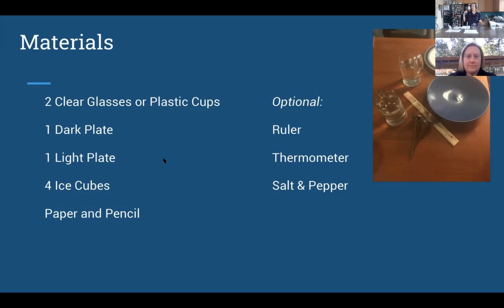We have a light plate and a dark plate, and a ruler would be great if you have one. If not, that's okay. We also would like some thermometers, but I have thermometers, so if you don't have thermometers, that's okay too. But take a second to gather your materials, and we'll just leave this list on for a second.